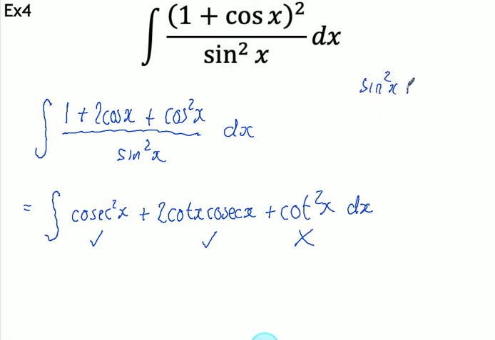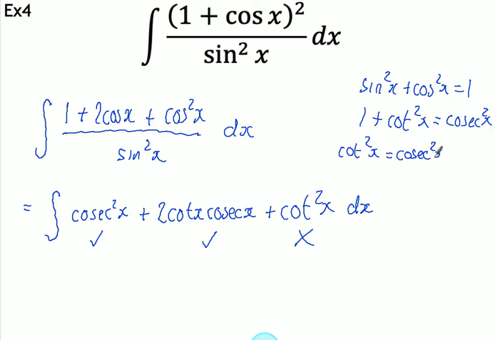So again, let's use that identity I've asked you to know. 1 plus cot squared x equals cosec squared x. So cot squared x equals cosec squared x, take 1.